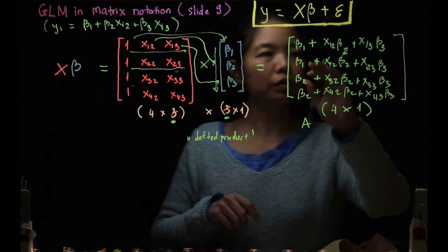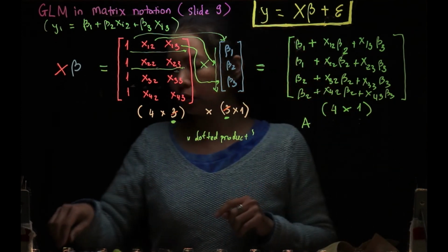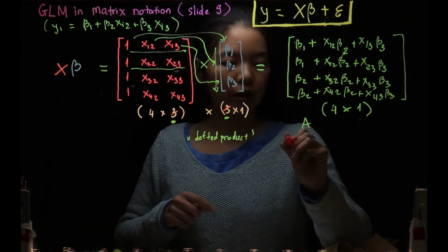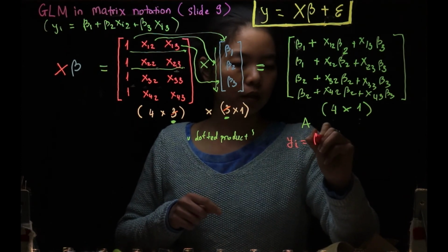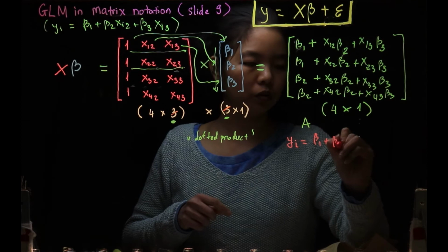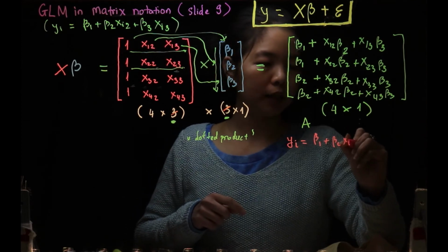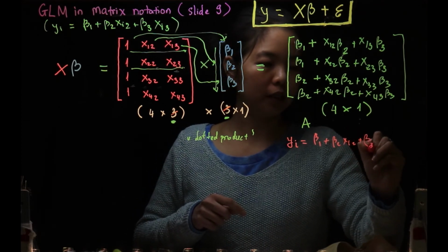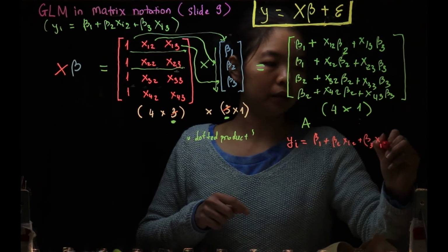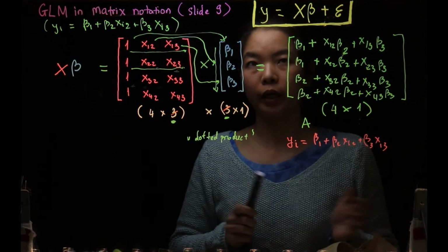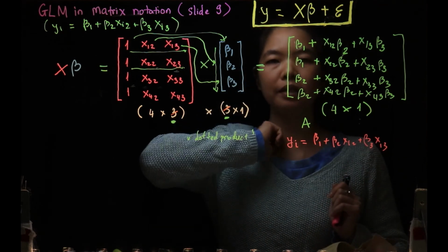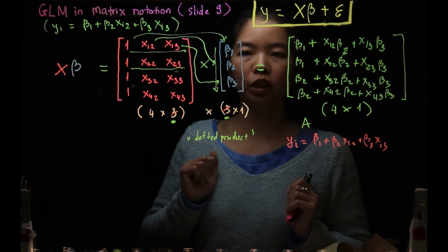Okay, so now it looks pretty similar to the example that we have: Yi equals beta 1 plus beta 2 xi2 plus beta 3 xi3. So now you can already answer 2 questions. Why X beta but not beta X in matrix form?